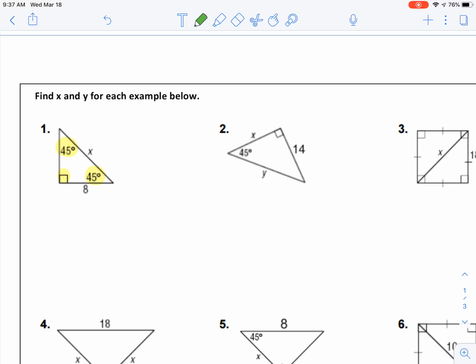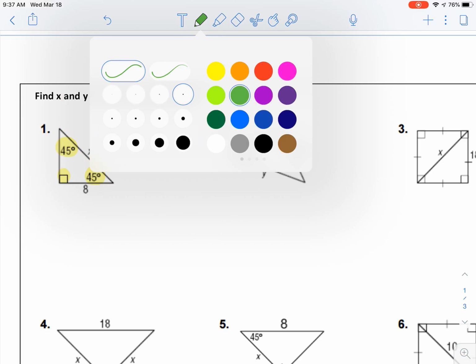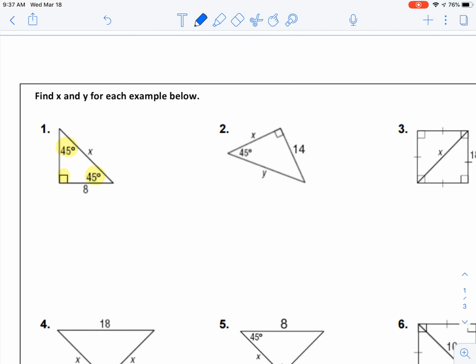So I know that the ratios of the sides are going to be A, A, A rad 2. So here, A is 8, which means that side X will be A rad 2. And if I know the A is 8, I get that side X is 8 rad 2.